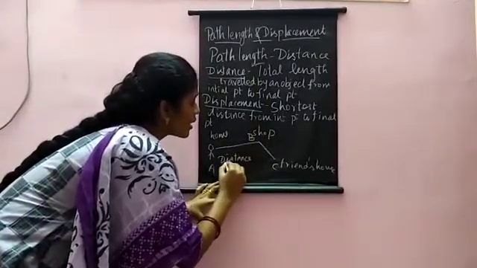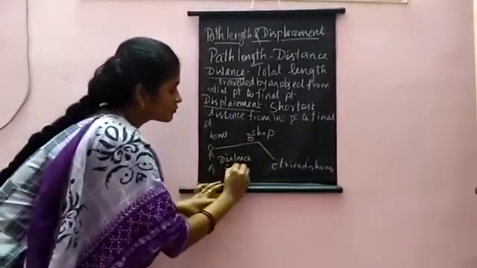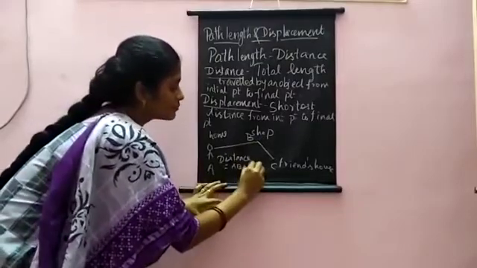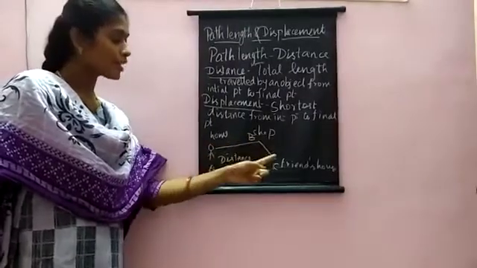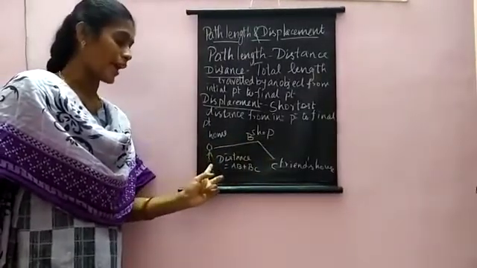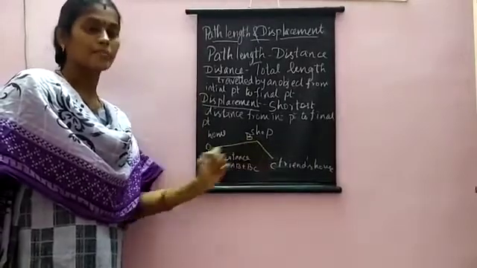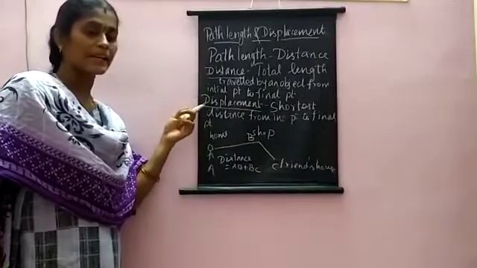Distance is equal to AB plus BC, the total length he travelled from point A to B to C.